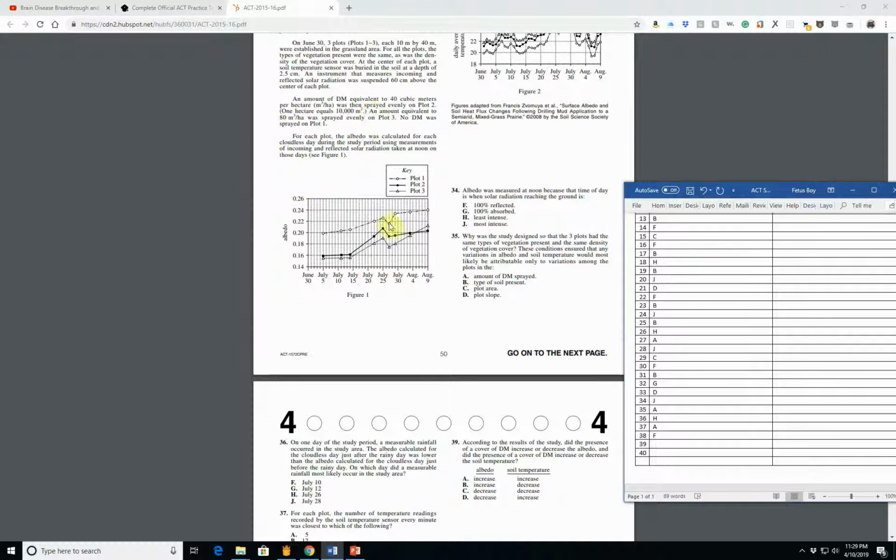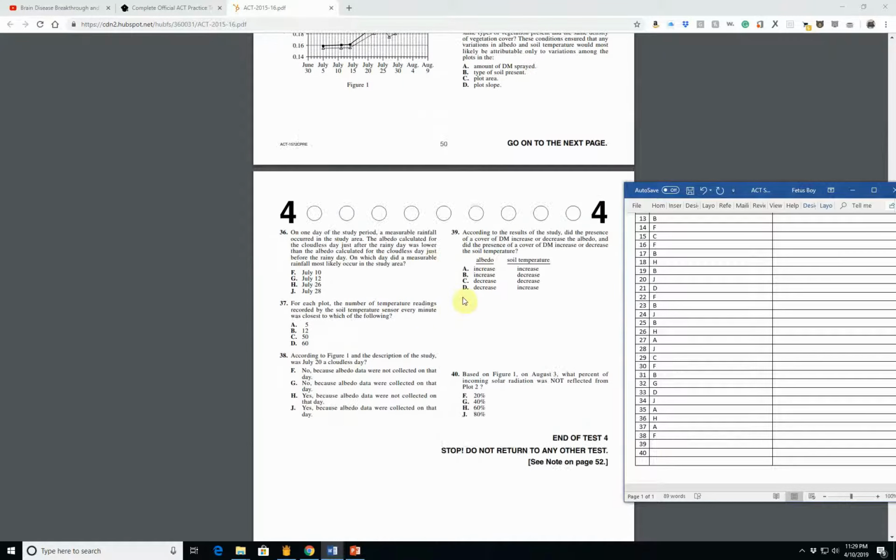Plot 1, the albedo is high, plot 2, the albedo is low, and plot 3, so plot 3 has the most, plot 2, 1. The highest albedo is where they didn't spray any mud, the lowest is where they spread the most.